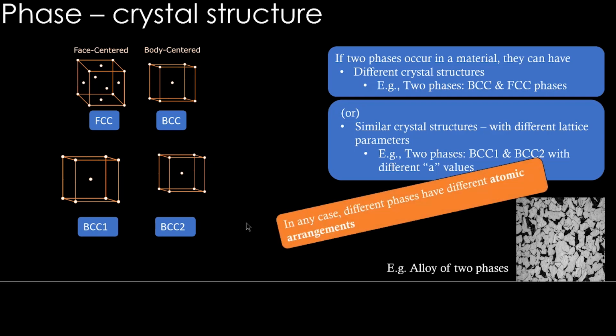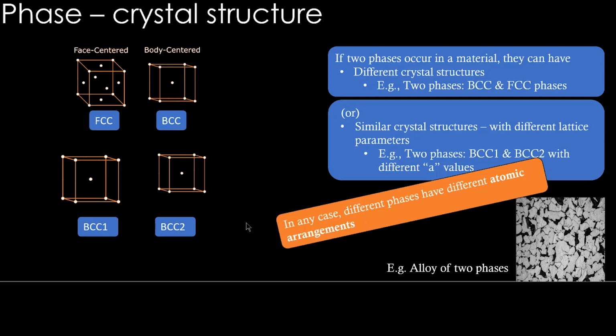The takeaway point is this: in any case, different phases have different atomic arrangements. Even if both are BCC, their lattice parameters are different, so atomic arrangements are different essentially. That's about the crystal structure of phases.